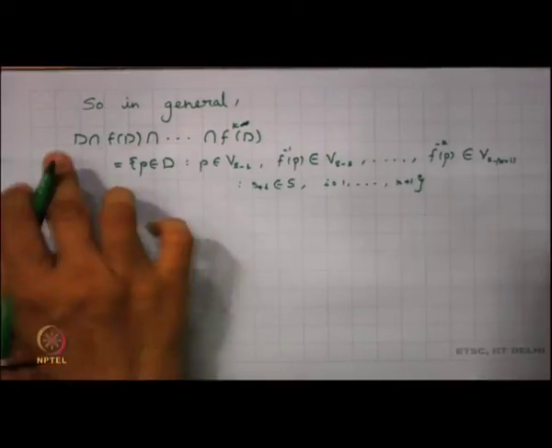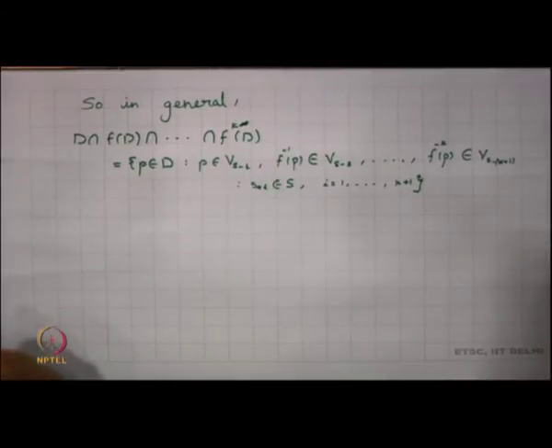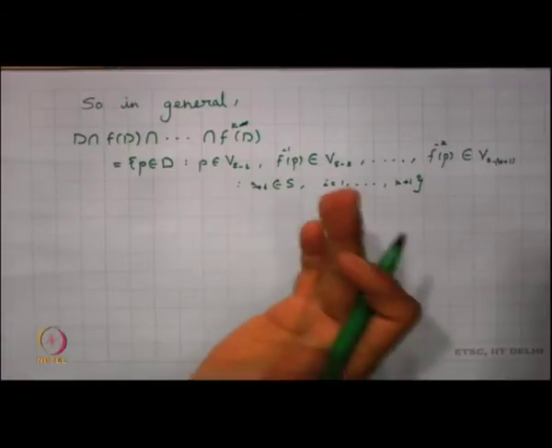This is what happens in the general instance when we are taking K iterations.